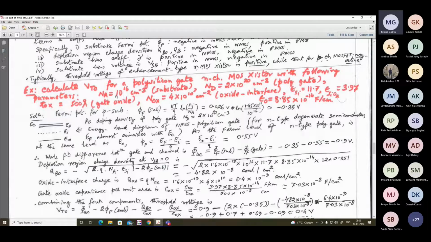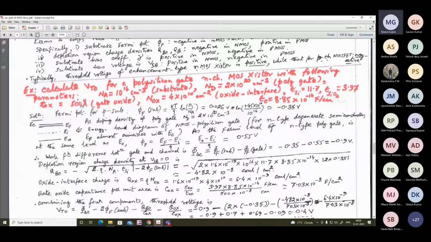The parameters are: acceptor concentration is 10 to the power 16 per cubic centimeter, and donor concentration is 10 to the power 20, which is four orders of magnitude higher than the acceptor. The thickness of the oxide dielectric is 500 angstrom.